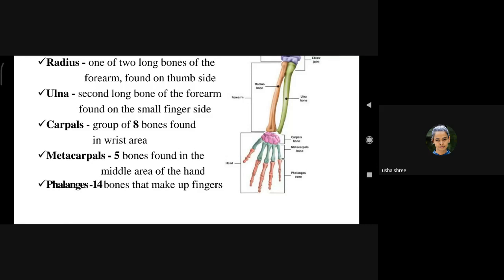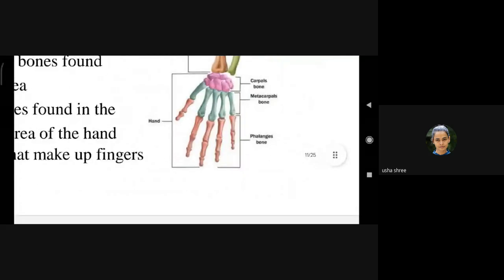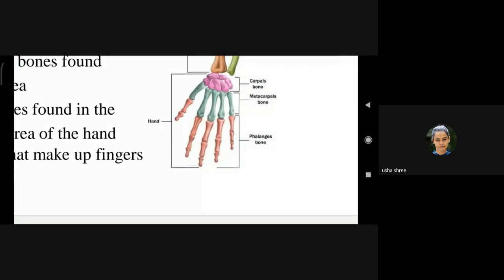How they are 14 in number, we will see here. Our thumb is consisting of 2 bones, meaning 2 phalanges.